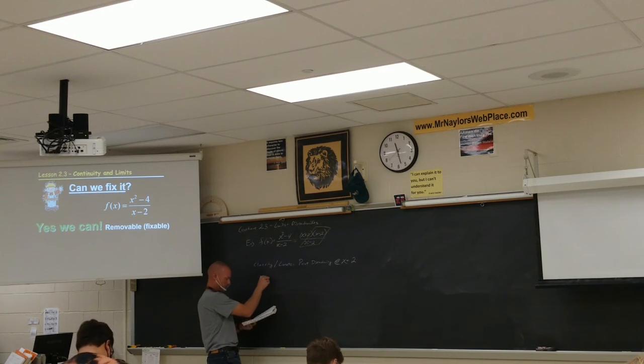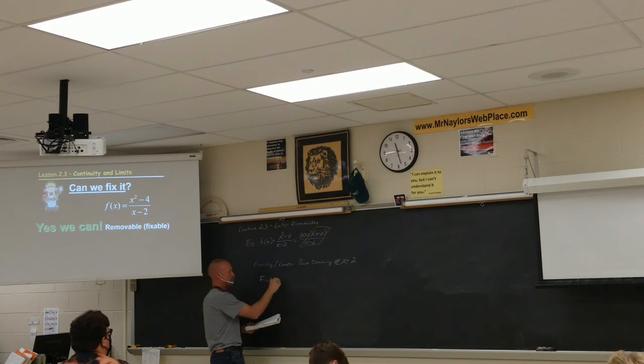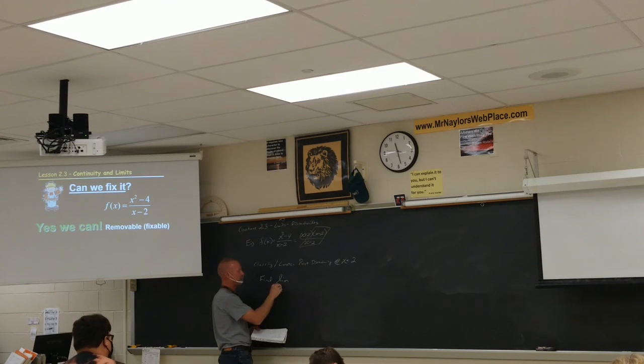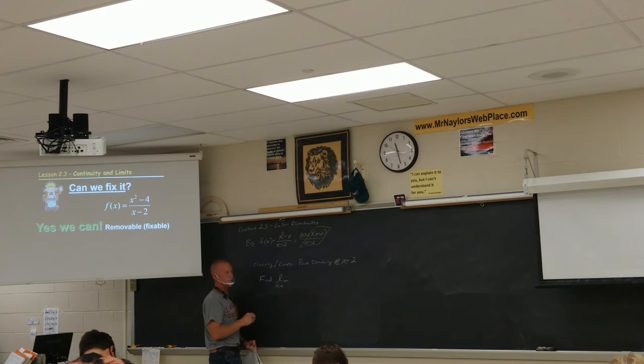To fix it, first we're going to find the limit. So to go through this fixing, the first thing we need to do is find the limit. Now there's something I'm going to write here that I want you to be able to think about next time, but I'll show you this time, and that's understanding the place where I'm doing the limit.